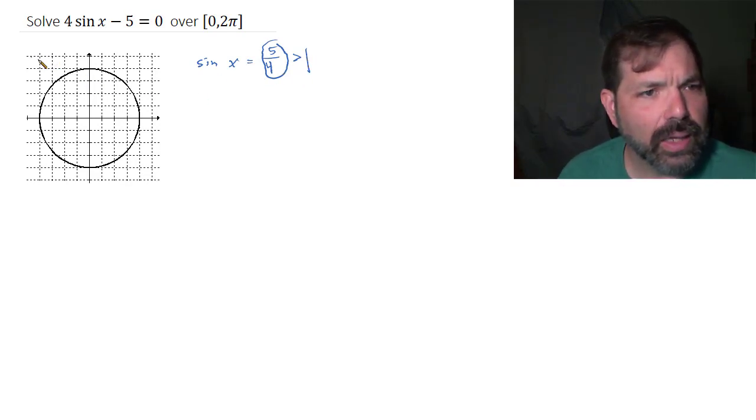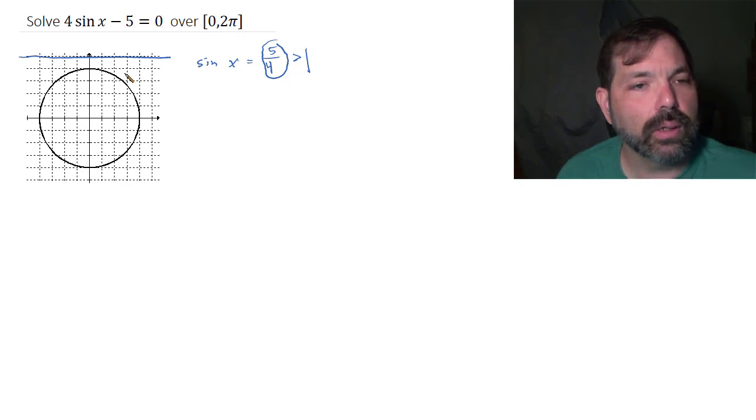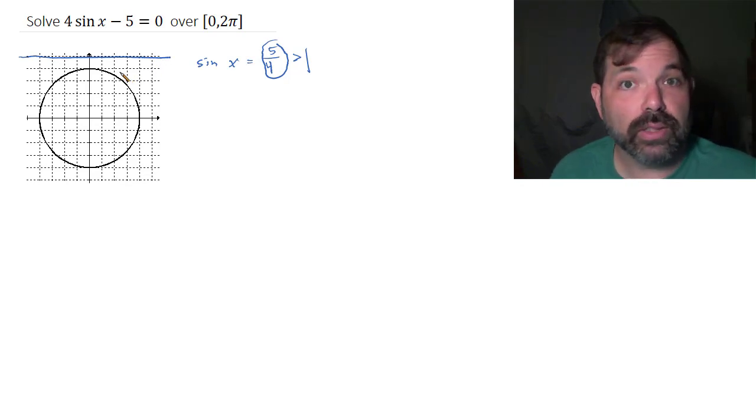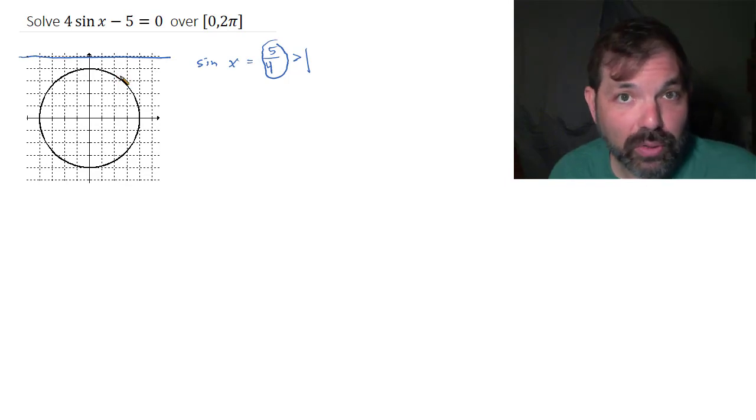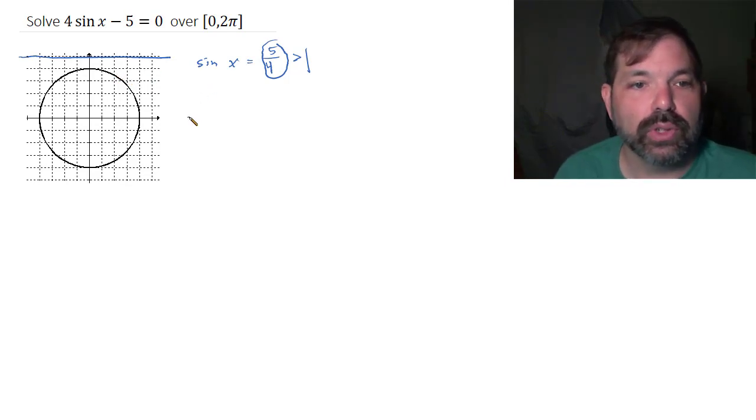And so if we wanted the sine to be 1.25, where's the b coordinate 1.25? There are no places on the unit circle where the b coordinate is 1.25. This has no real solutions.